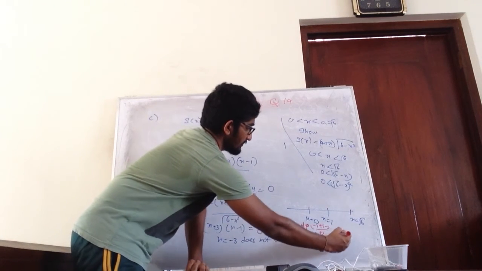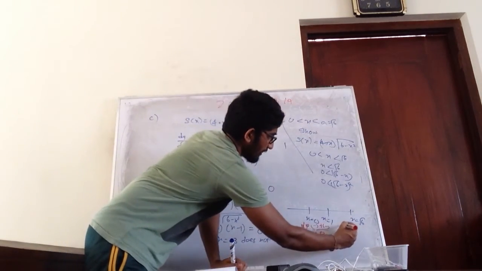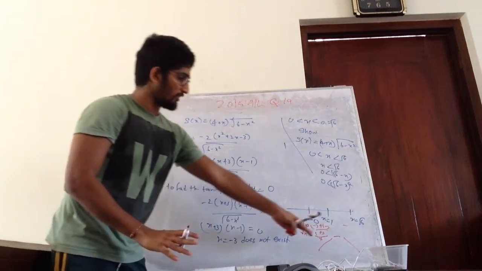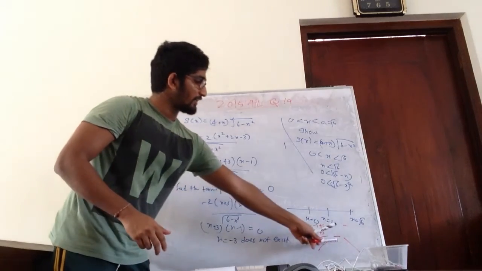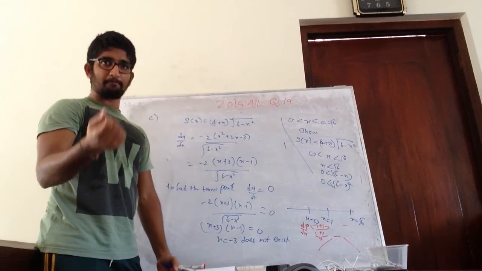If you go like this it will become 0. If you put something in between this will become negative. As I said, you don't need to show this, you just draw this for the exam's sake, then you will get the answer. So x equals 1, you will get a maximum point.